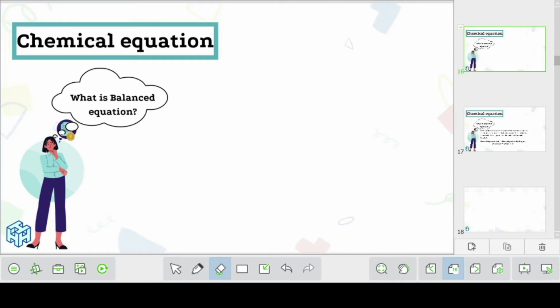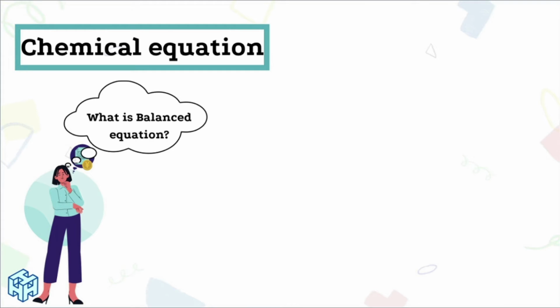We have understood what an unbalanced chemical equation is. Now it's time to understand what a balanced chemical equation is. Let me give a simple example of the same: magnesium plus O2 gives MgO, but here I am adding 2.